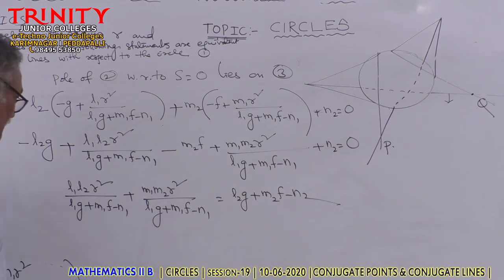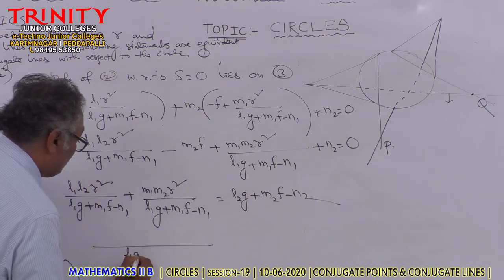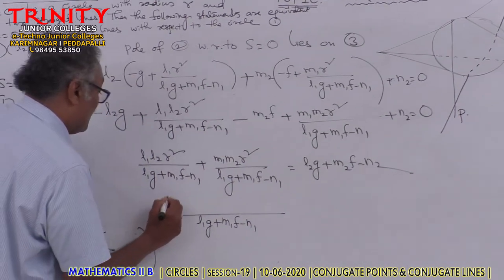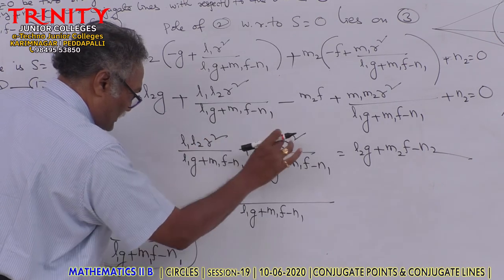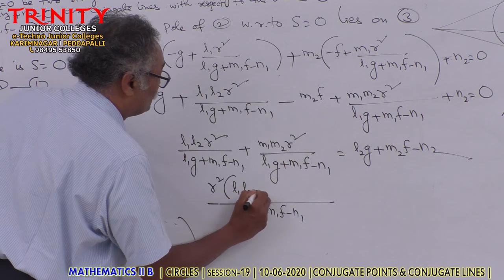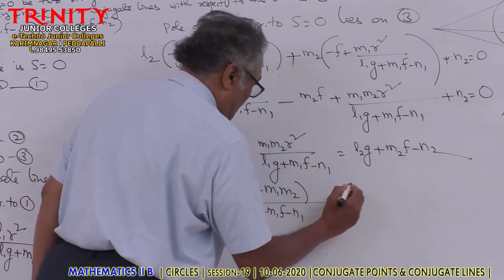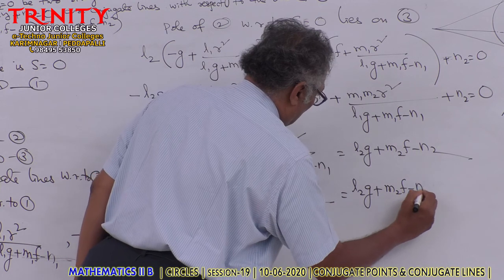The LCM of the denominators is L1g plus M1f minus N1. In these two terms, R square is common. R square into L1 L2 plus M1 M2 equals L2g plus M2f minus N2.